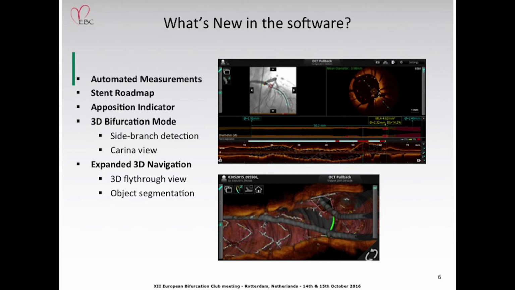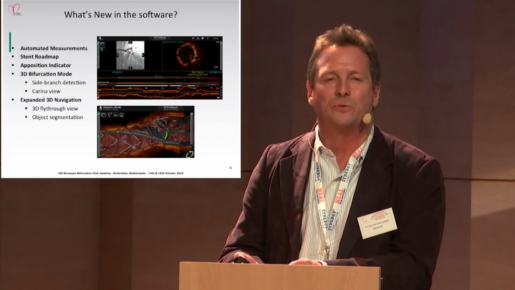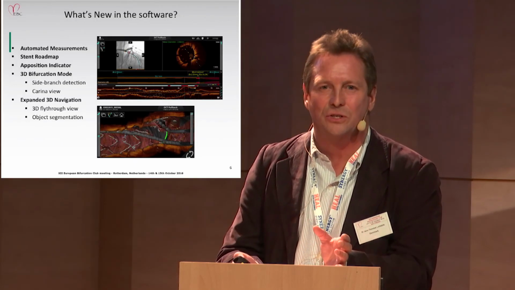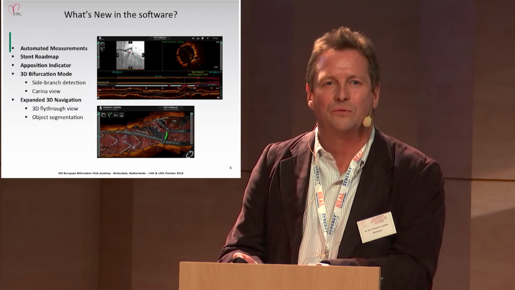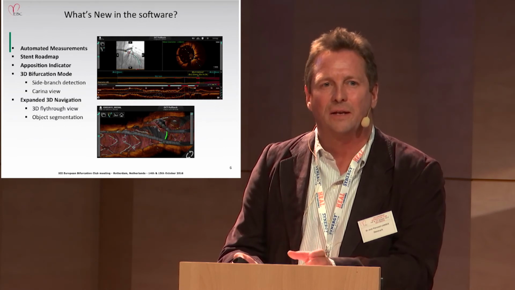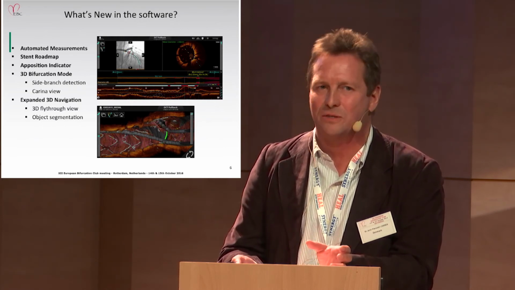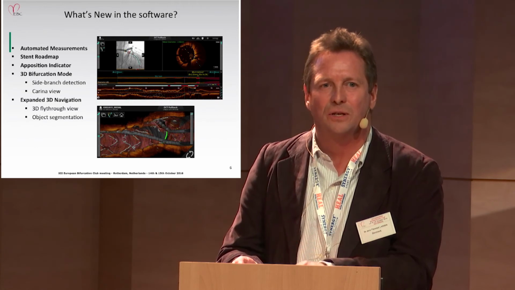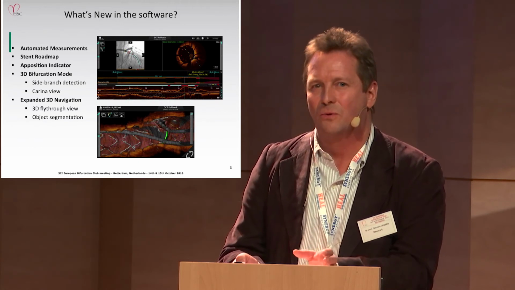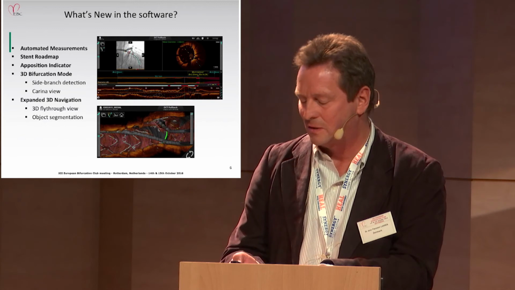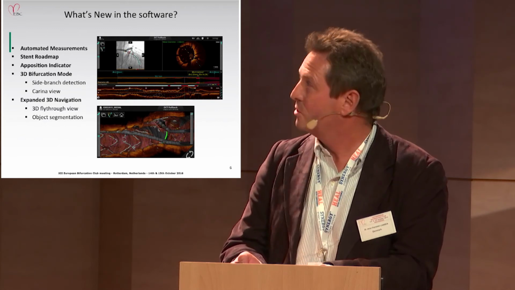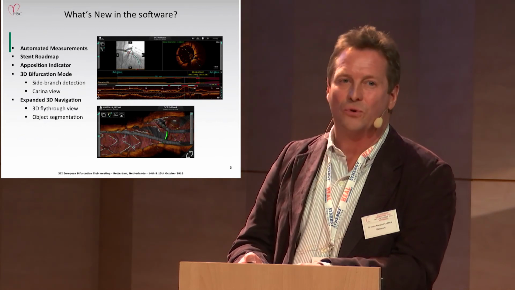And there's also, which is much more important for the bifurcation club, automatic detection of side branches throughout the OCT evaluation. And of course, it's durable, and it takes only a few minutes to get the information in the cath lab. So it seems that the technology is mature enough to promote a broader use.